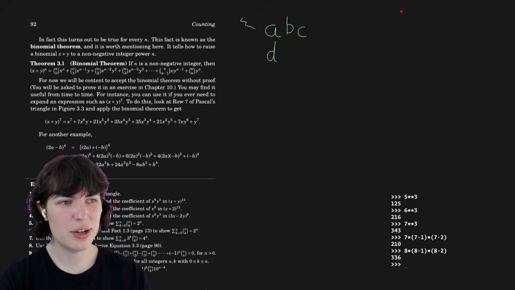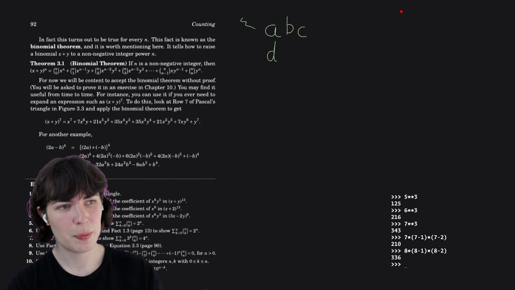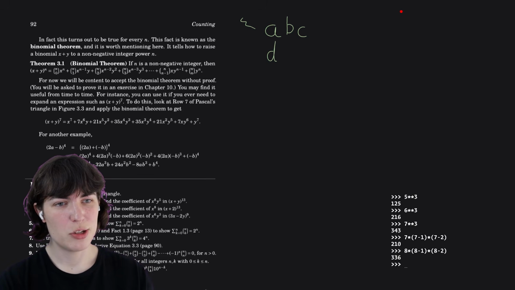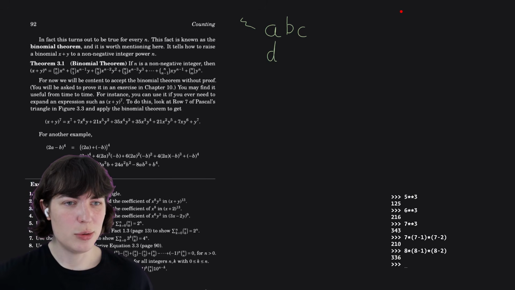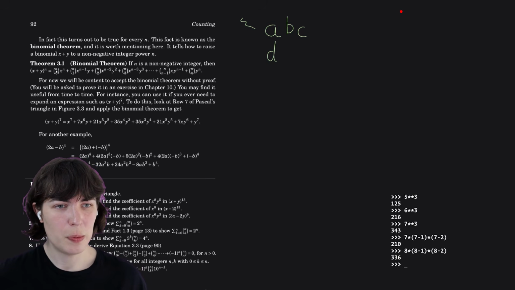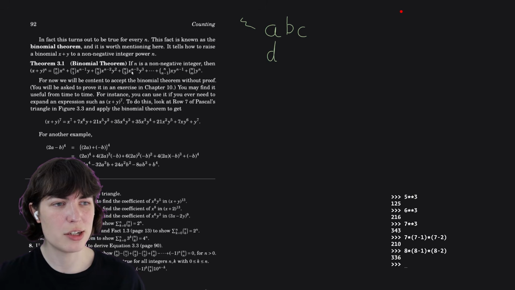If n is a non-negative integer, then x plus y to the nth power is equal to n choose 0, x to the n, and so on.